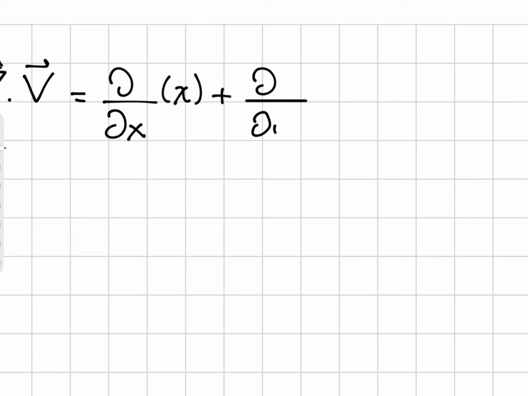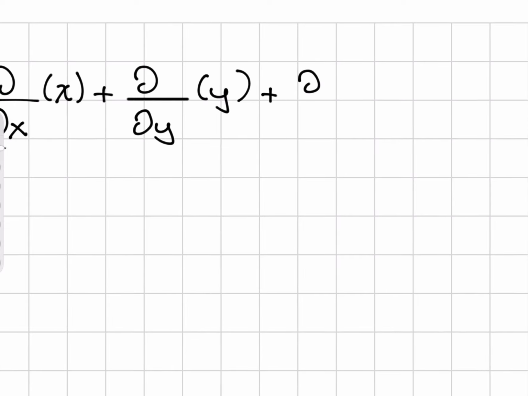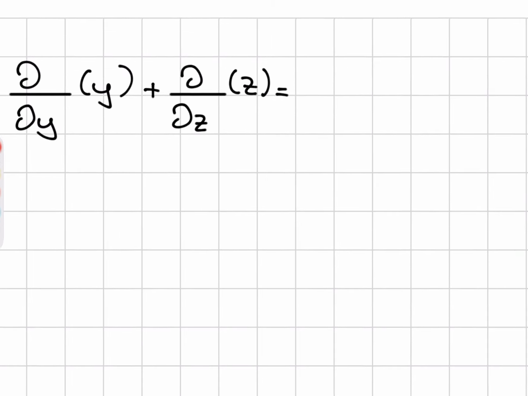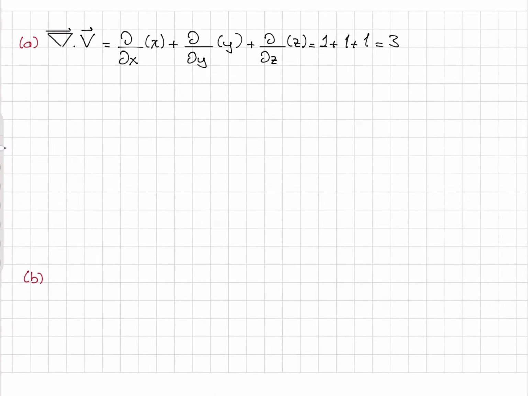That's basically the position vector divergence we're taking. Therefore, we get x derivative 1, y derivative 1, z derivative 1, so 1 plus 1 plus 1. Divergence of V is equal to 3.